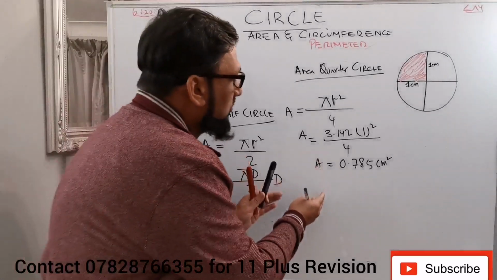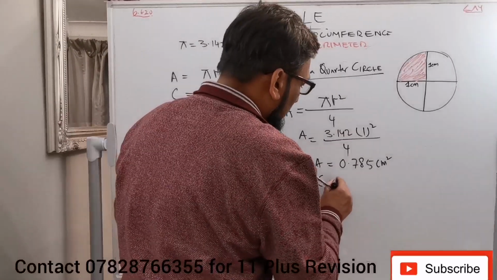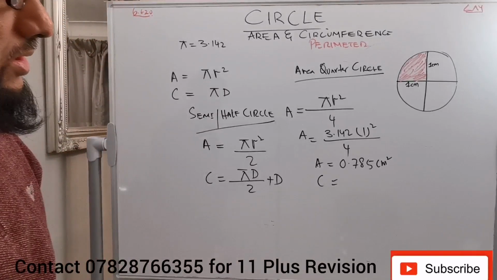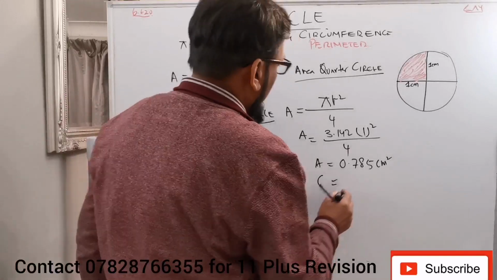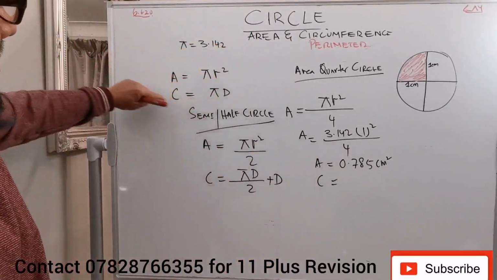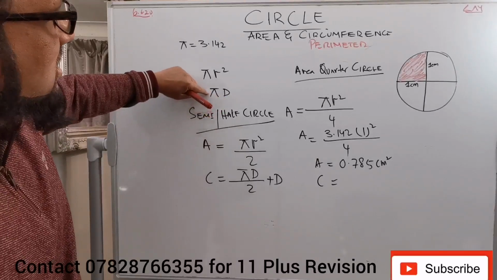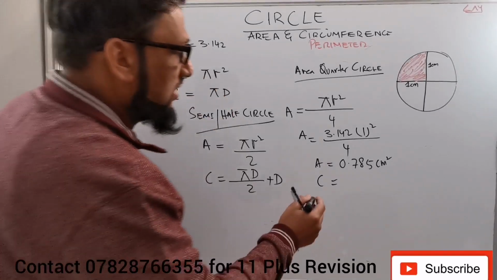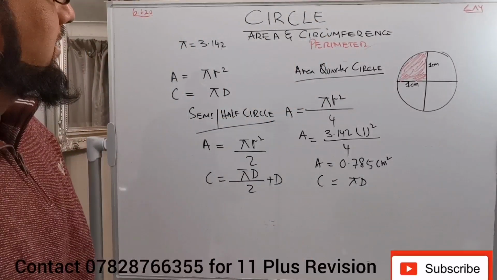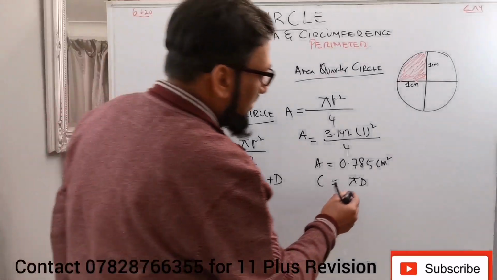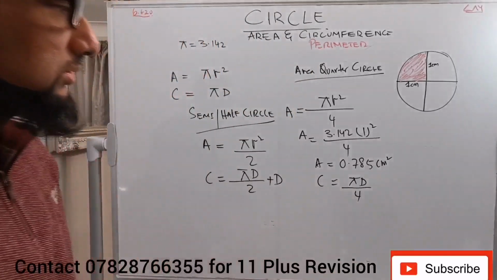And now we need to find the circumference of the quarter circle. We know that the circumference of a full circle is pi times d, and then you simply divide by 4, since quarter means 4.